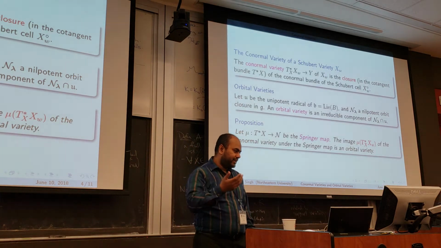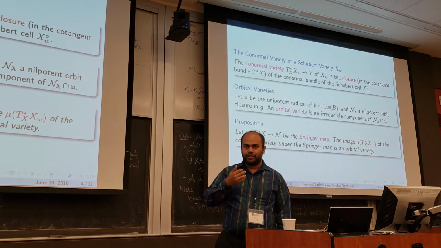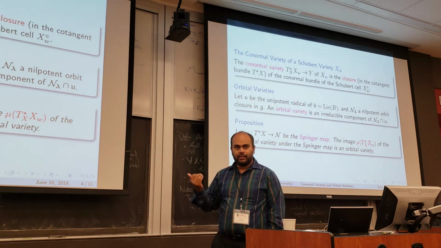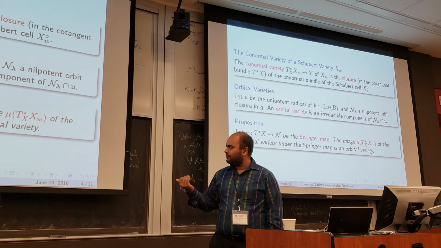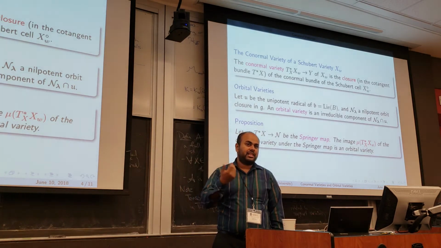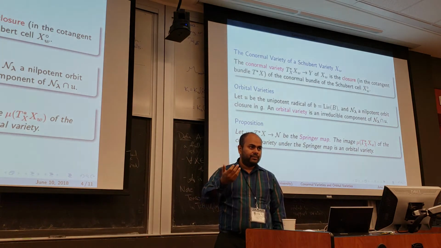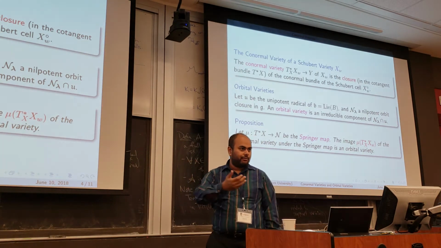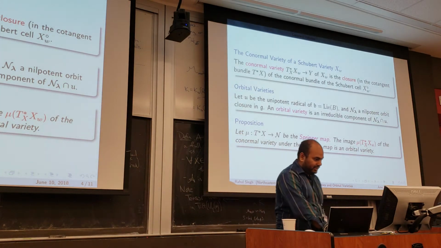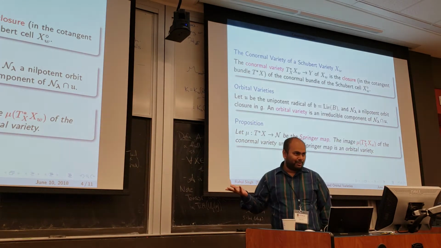In fact, you can just restrict yourself to looking at Schubert varieties in the full flag variety, and you'll still get all the orbital varieties. But this way, you can study the same orbital variety as the image of a conormal variety coming from some different compact space, and sometimes it helps, which it is going to today, because I'll talk about the Grassmannian soon.